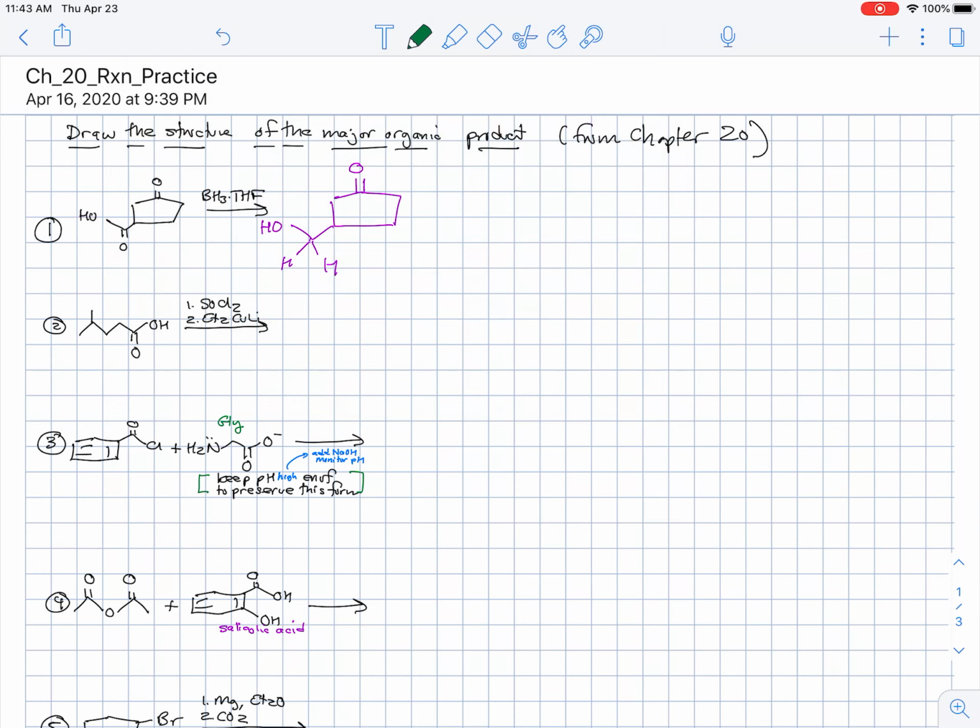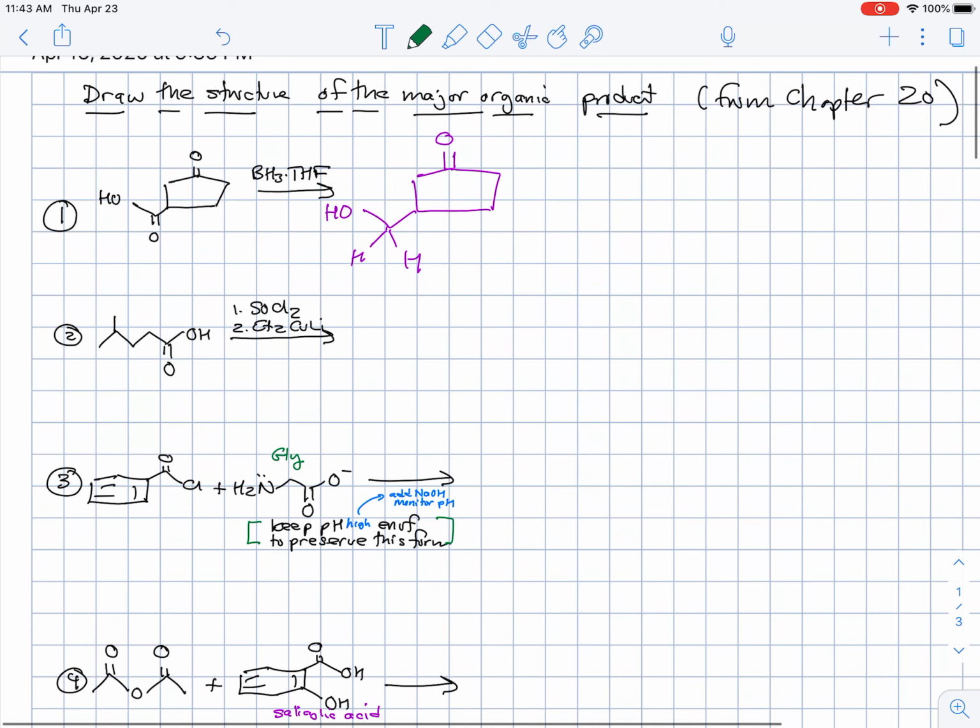So this next one, we have a carboxylic acid that reacts first with thionyl chloride. So that's going to make the acyl chloride. And then, because acyl chlorides are so reactive, and these cuprate reagents, also known as Gilman reagents, aren't as reactive as Grignard reagents.